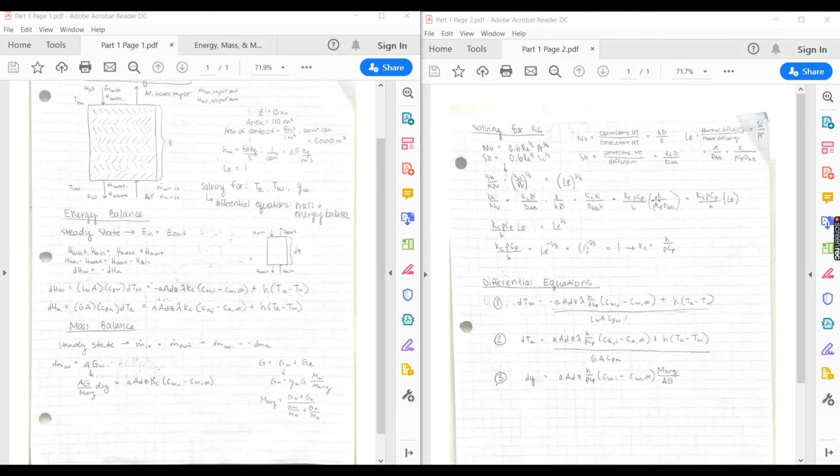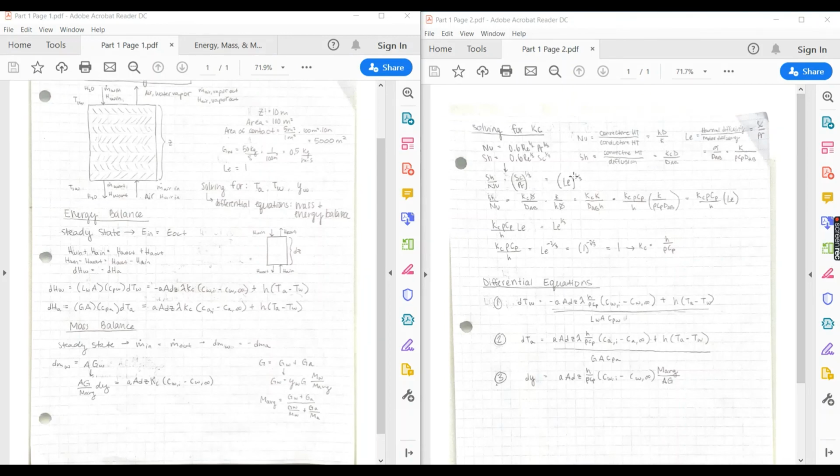So all we have to do for that is multiply and divide by 1, so we're multiplying and dividing by the density and the specific heat capacity to get this term in our equation. So then we'll end up with the ratio between the Sherwood number and the Nusselt number being equal to the mass transfer coefficient times the density times the specific heat capacity divided by the convective heat transfer coefficient times the Lewis number.